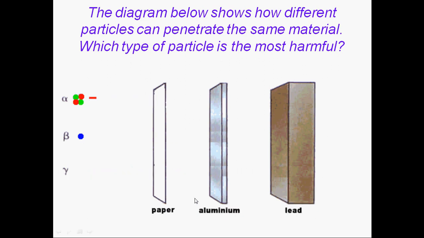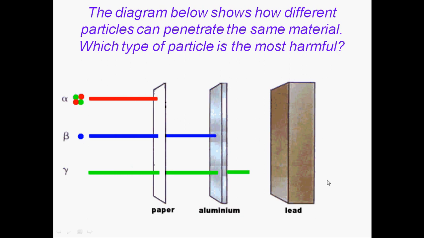Gamma rays, on the other hand, go easily straight through all those things, straight through a lot of things. They will go right through wood and right through brick. Basically, we have to have a good solid amount of lead before gamma rays are actually stopped. So gamma rays are the ones that can penetrate a lot of different materials, which makes them a little bit scary.